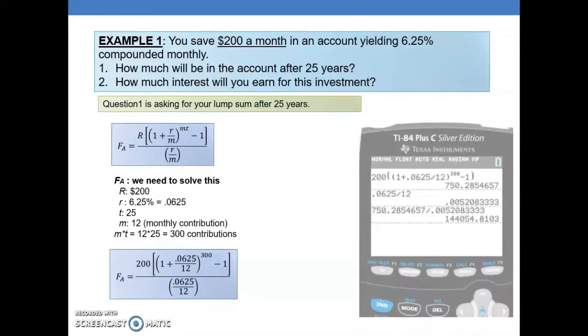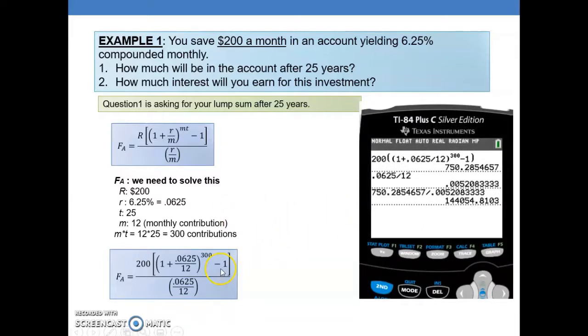So as you can see, just like last unit, I did the numerator and the denominator separately, right? And as you can see here, I have a bracket again, just like last week, but my TI-84 does not allow me to do a bracket. And so what I'm going to do, as you can see here, I have two sets of parentheses. Anyway, the bigger parentheses would mean the bracket.